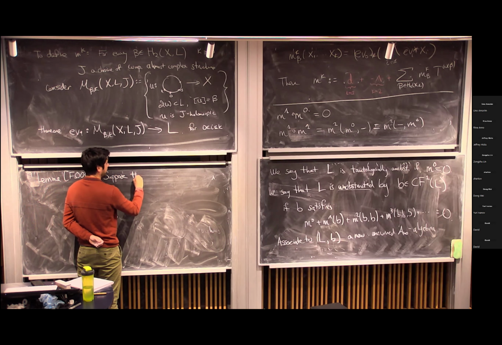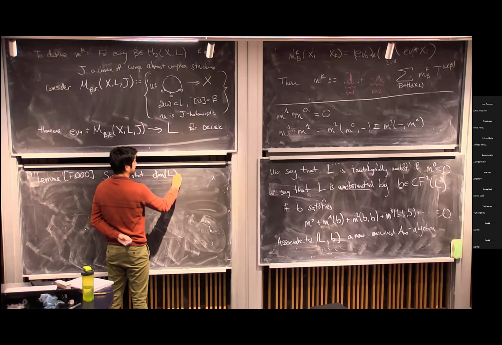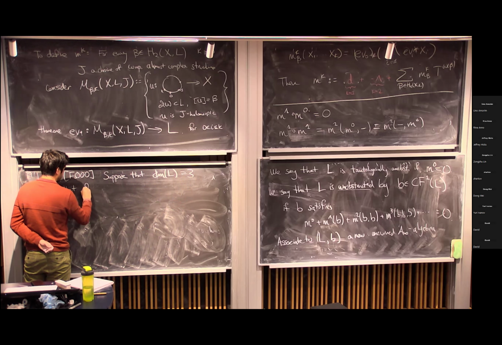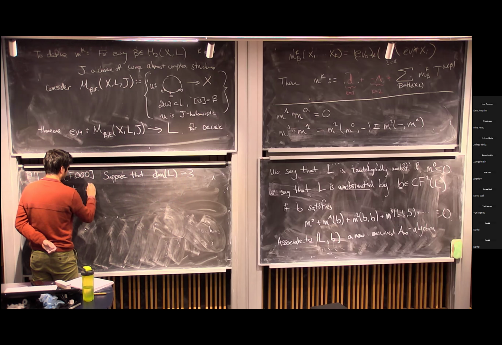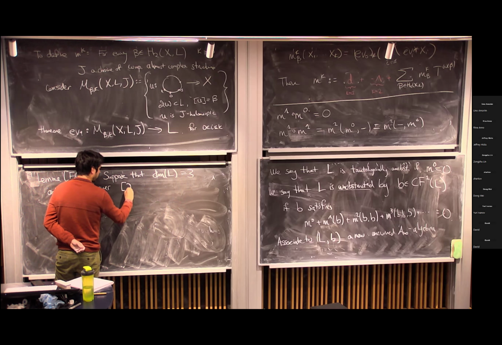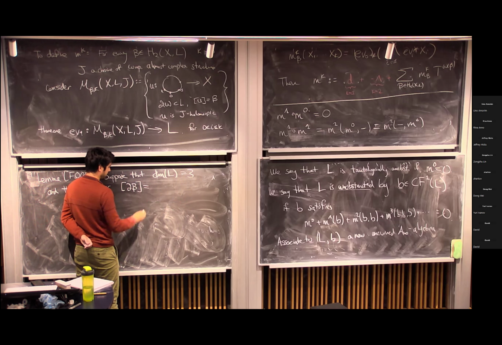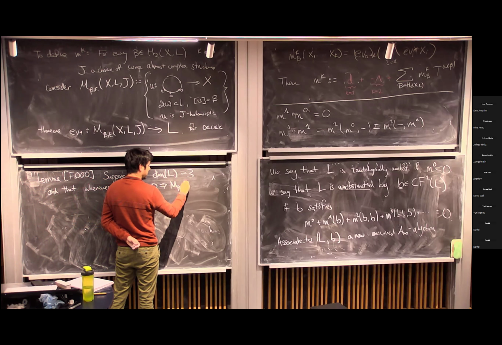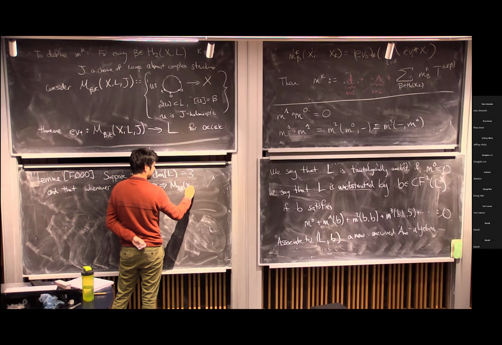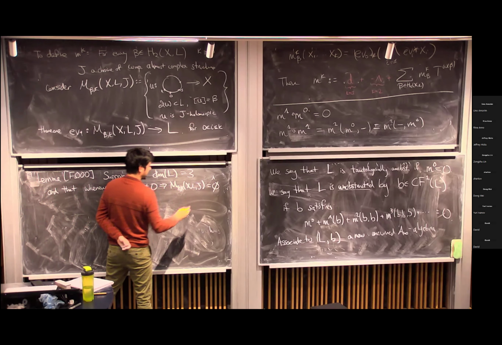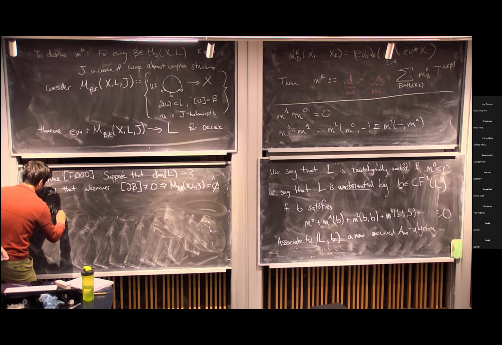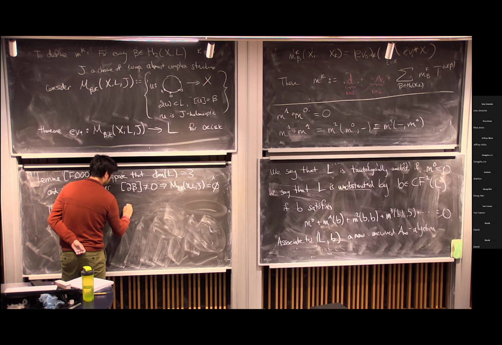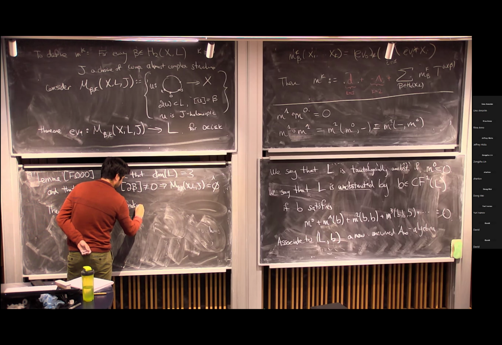Suppose that the dimension of L is equal to 3, and that whenever the boundary class of β is not equal to 0, the moduli space is empty. Then there exists B making L unobstructed.